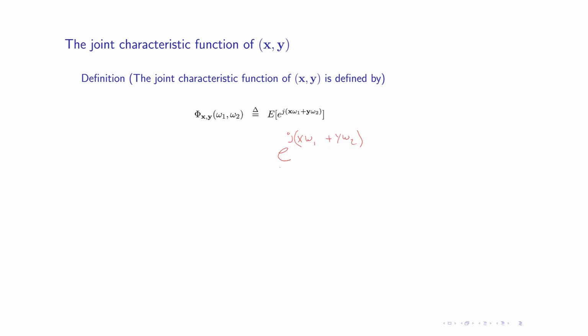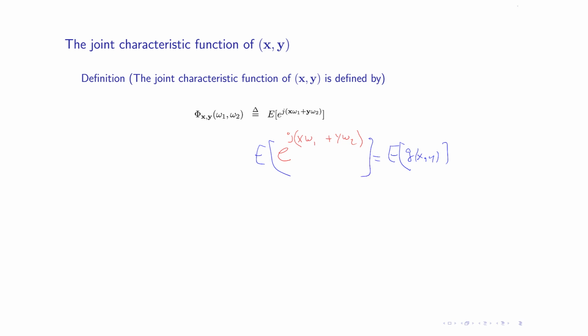So this is a function of the pair x and y, like g of x and y. If you take the mean of that, this is going to be a moment of your joint distribution.